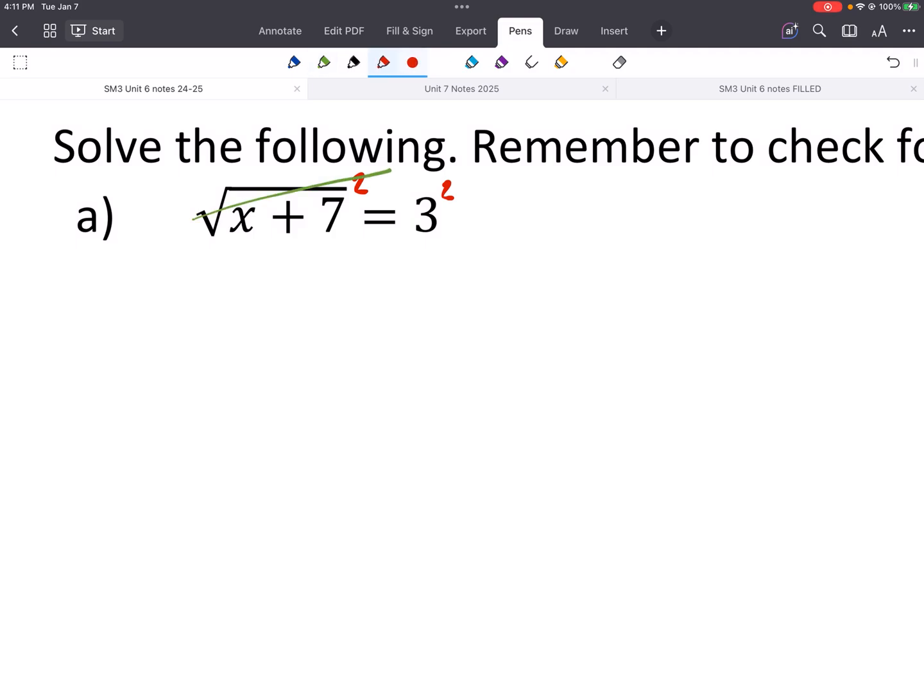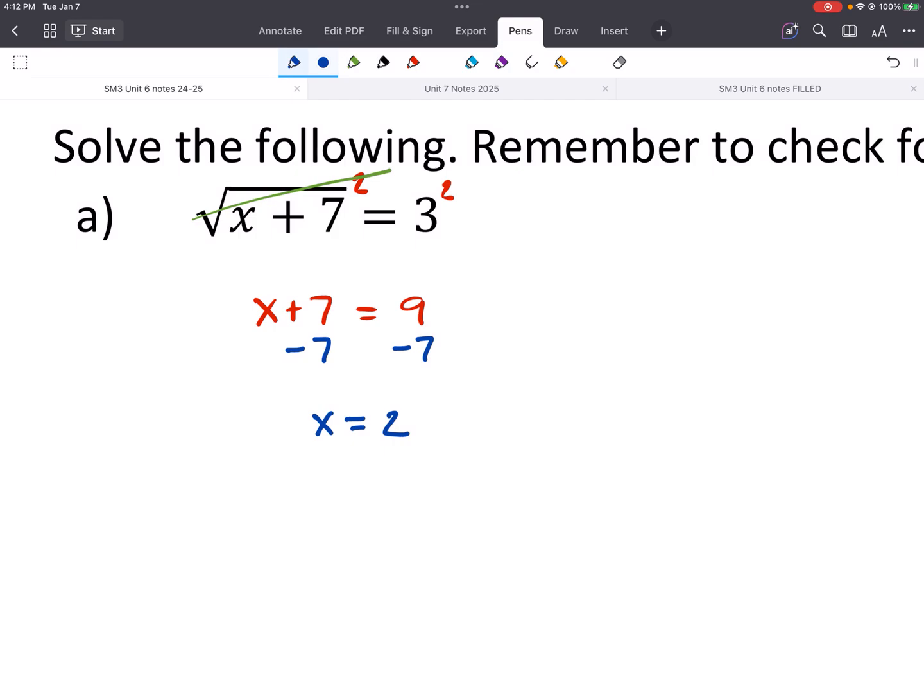So here we'll end up getting x plus 7 equals 9. And then we would just want to go back to the beginning where we would add or subtract next. So we would just subtract 7, and we would end up getting x equals 2. So this would be our solution.